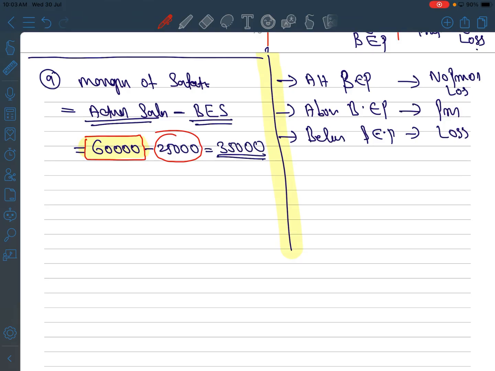On that particular point, there is no loss or profit. Above that, there will be a profit. So profit will come only from this much of sales. Out of total sales of 60,000, will all the sales contain profit? No. Only 35,000.